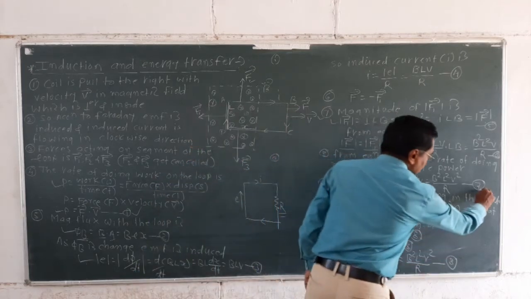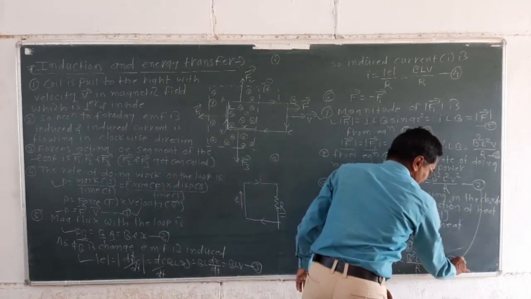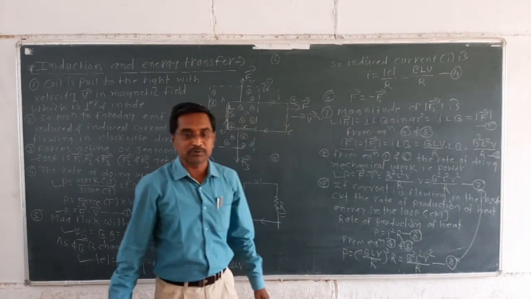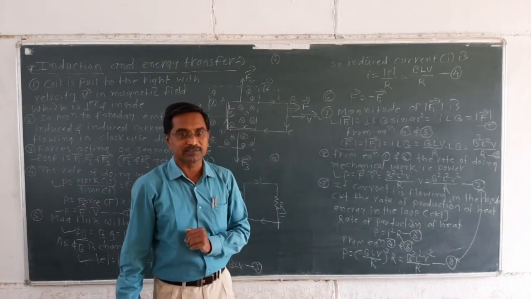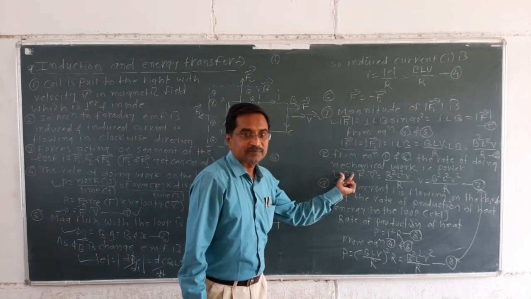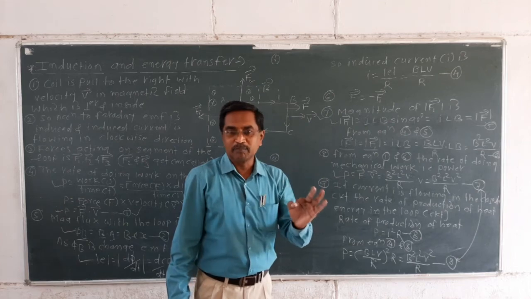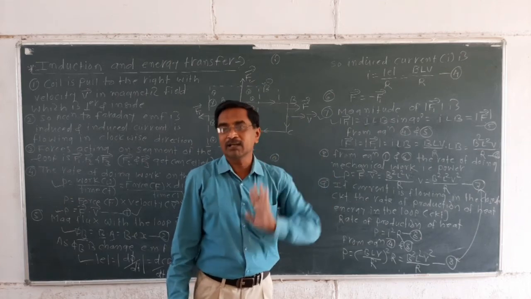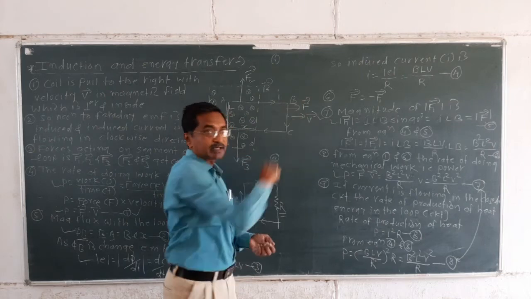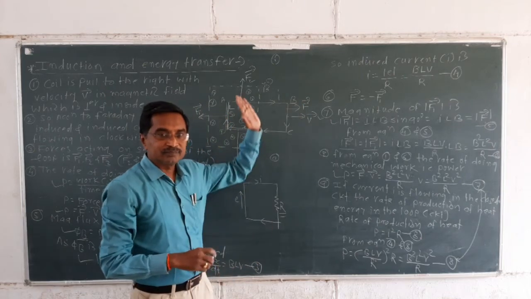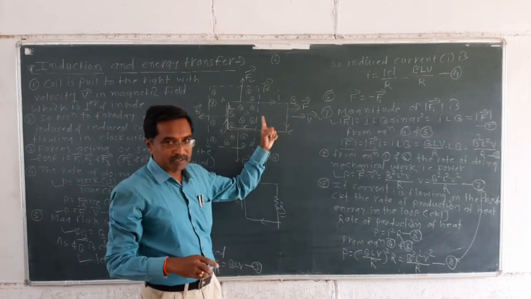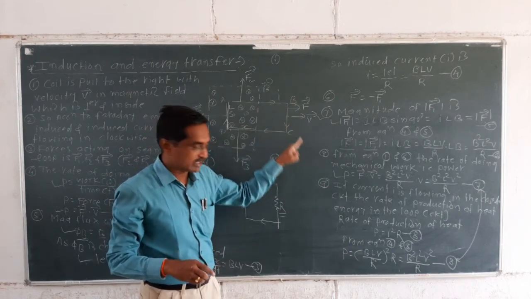Now this equation 7 and 8. Compare these two equations. These two equations are very important. In the equation number 7, this is the rate of mechanical work done. जे एक्सटर्नल फोर्स अप्लाय करून जे मेकॅनिकल वर्क करता तुम्ही त्या वर्कचा रेट, आणि त्याचा परिणाम काय झाला, इंड्यूस करंट जनरेट झाला.